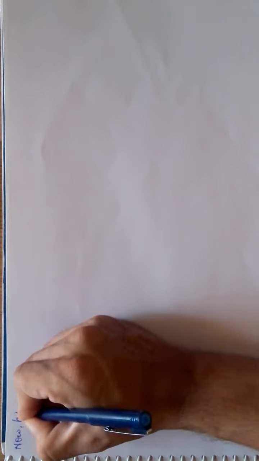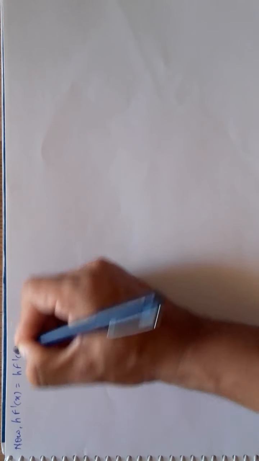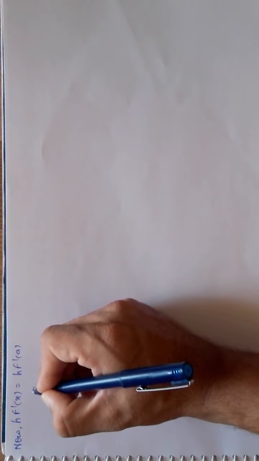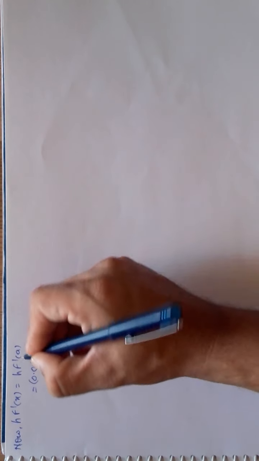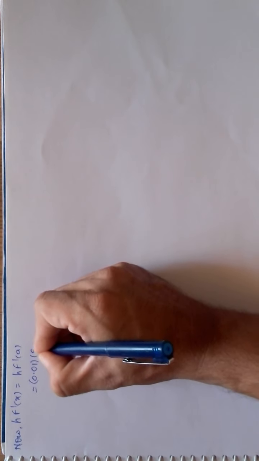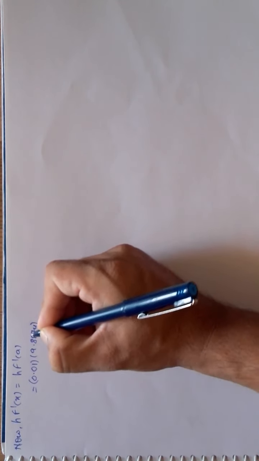Now we will be finding h into f dash x, that is h into f dash a, that is nothing but h is 0.01 into f dash a is 9.8874.